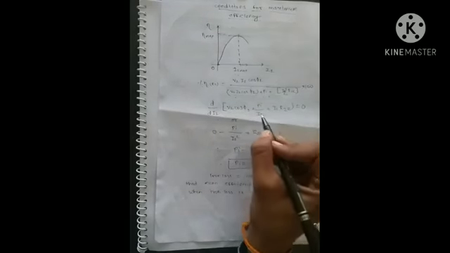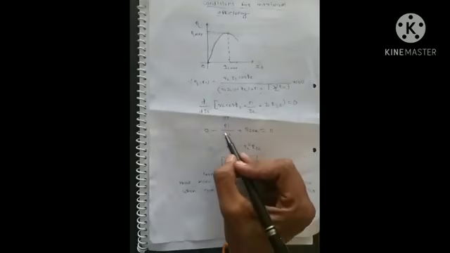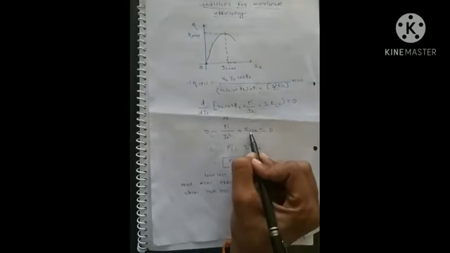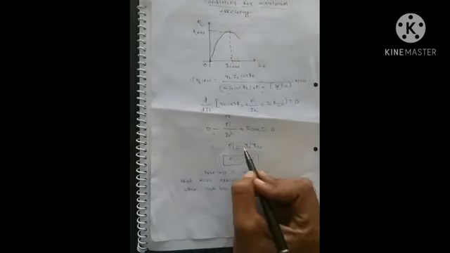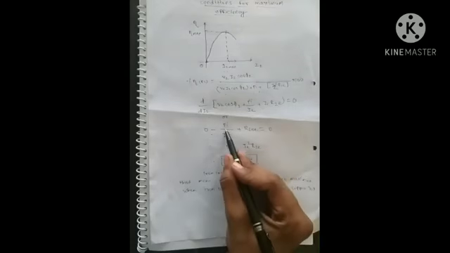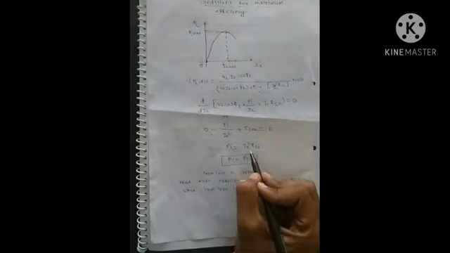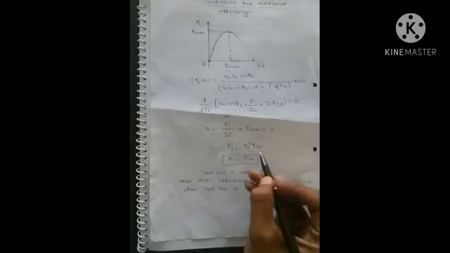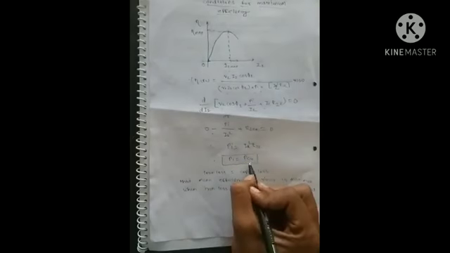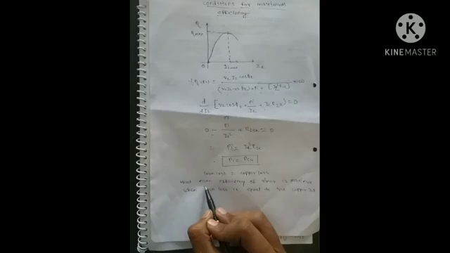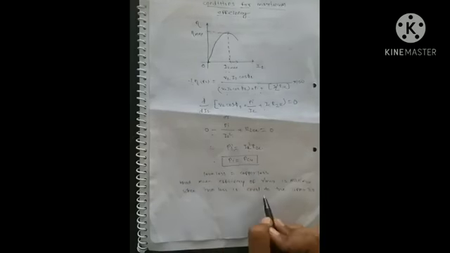By simplifying this equation we will get 0 minus Pi upon I2 square plus R2E, and therefore Pi equals I2 square R2E. We know that I2 square R2 is nothing but the PCU. That means the efficiency of the transformer is maximum when the iron loss is equal to the copper loss.